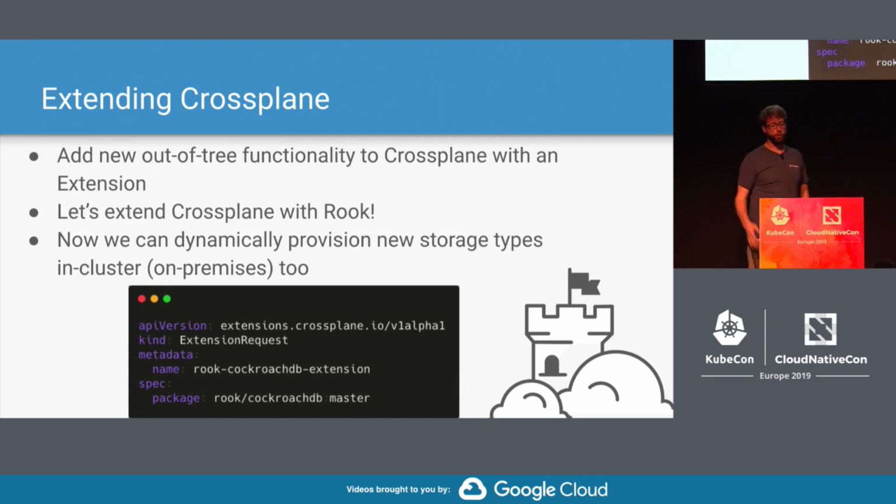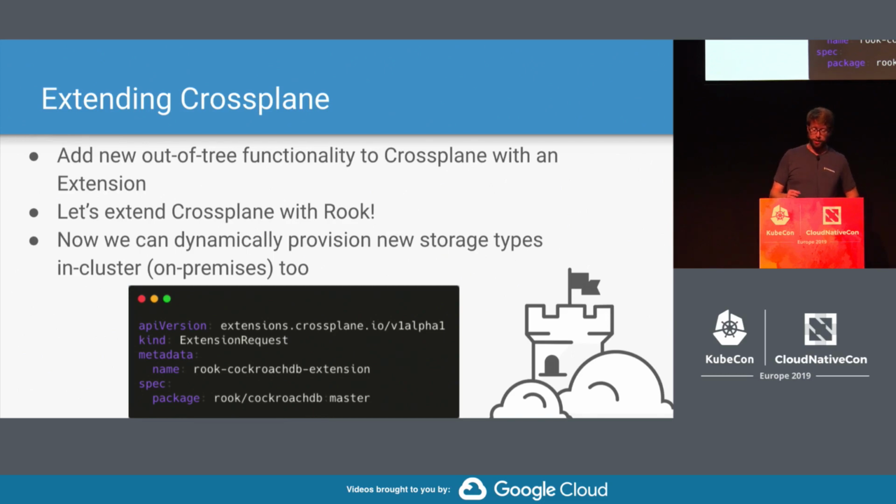So Crossplane has some new functionality where you can extend it with out-of-tree functionality. There's the main repo for Crossplane, and everything gets compiled in there and launched as a container, et cetera. But from the Rook project, we can also compile and build functionality for Crossplane, and then install it into the Crossplane multi-cloud control plane that's spanning all of these cloud providers, with new functionality such as Rook.